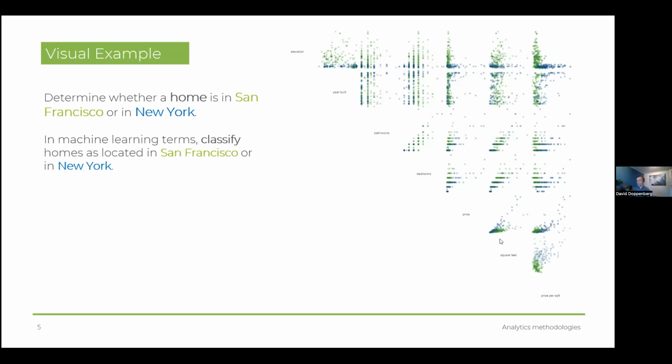When the house is located in San Francisco, we color it green, or whether the house is located in New York. Again, when the house is located in New York, we assign the blue color. We have information like the year it was built, the number of bathrooms, the number of bedrooms, the price, the square feet, and eventually also the price per square feet.